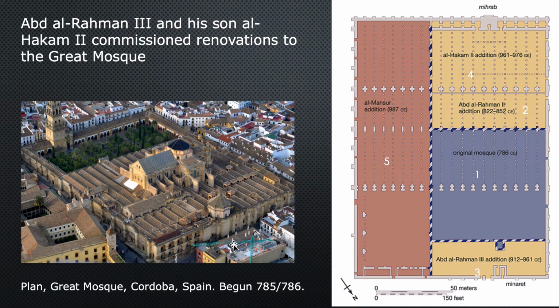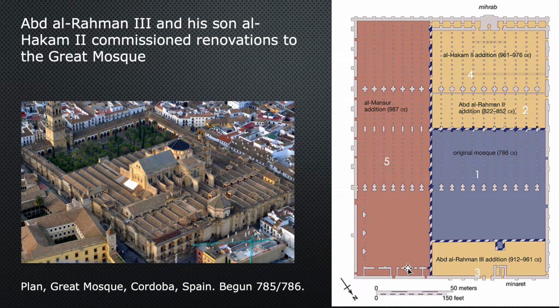So let's look at that enlargement plan here. Here's the minaret. And originally it was in the center of the courtyard, which I think went from here to here. And then the prayer hall up here with all those little dots representing the columns, of course.